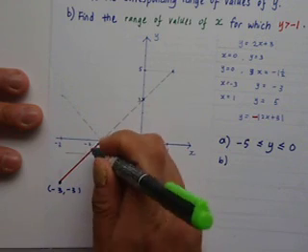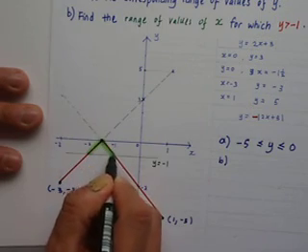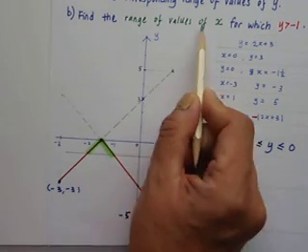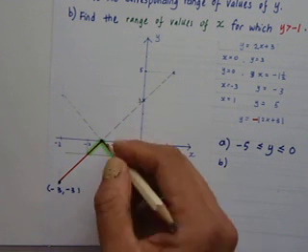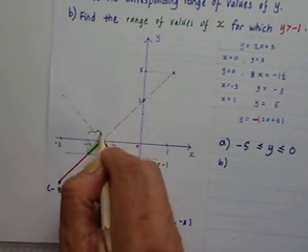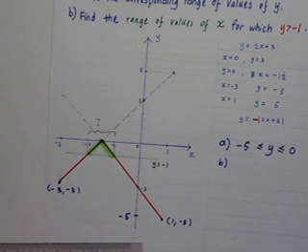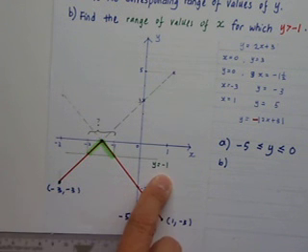If I were to highlight, you can see that this is the portion of the graph that is more than negative 1. And the range of values of x refers to this range, for which the graph is more than negative 1.